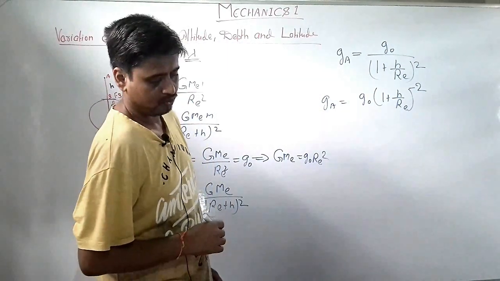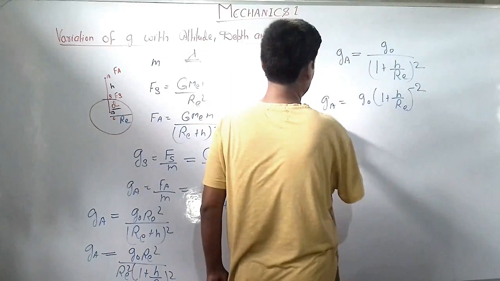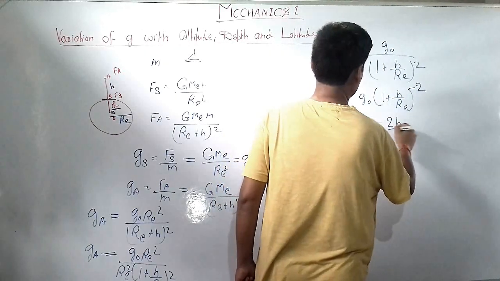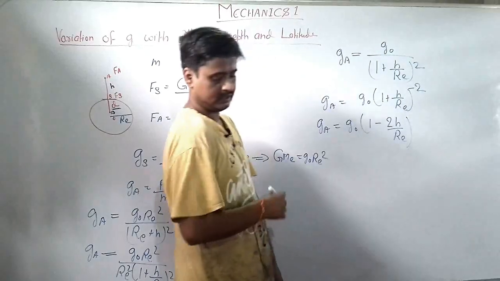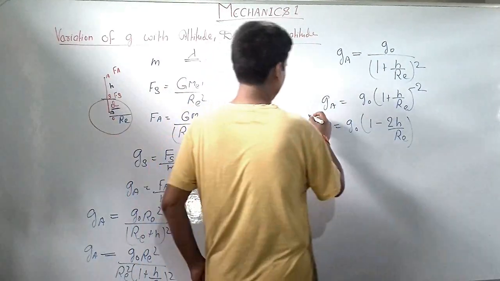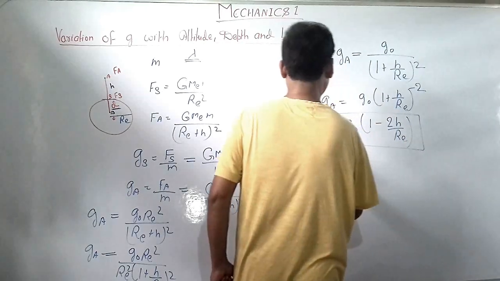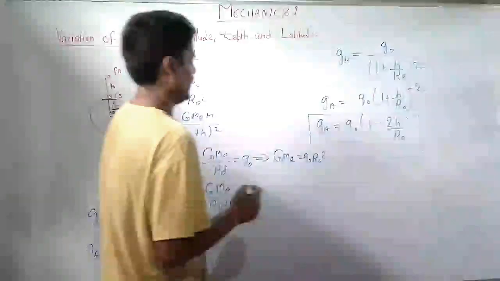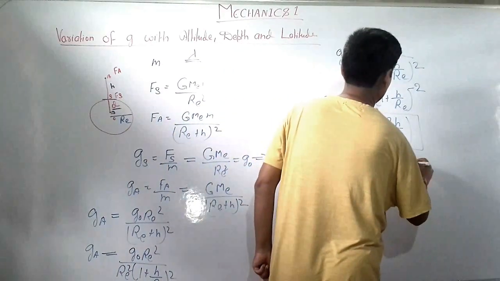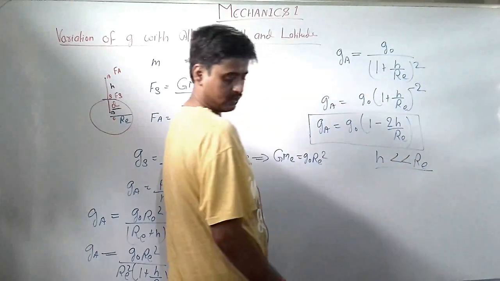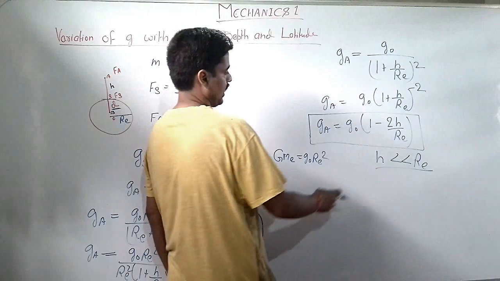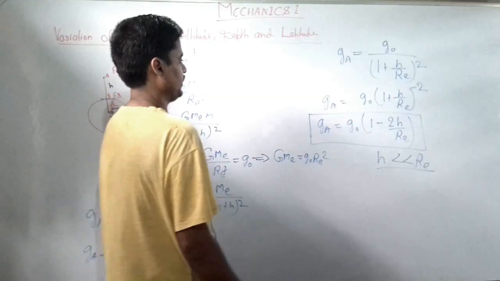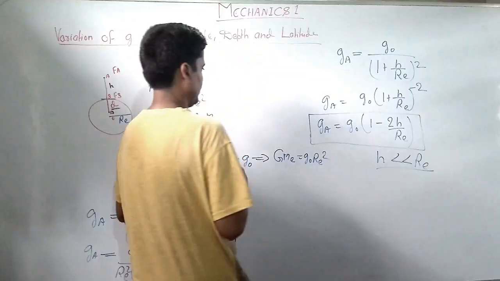Now we can use binomial expansion, and we will get g naught (1 minus 2h divided by R_e). This is the gravitational acceleration due to earth at height h at point A, and here h must be very small compared to R_e. This is the gravitational acceleration at point A.